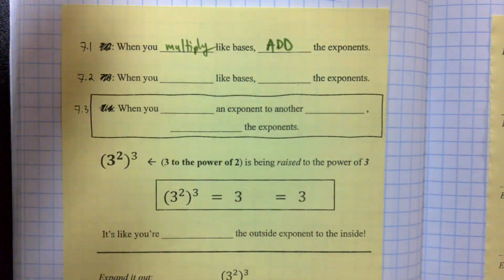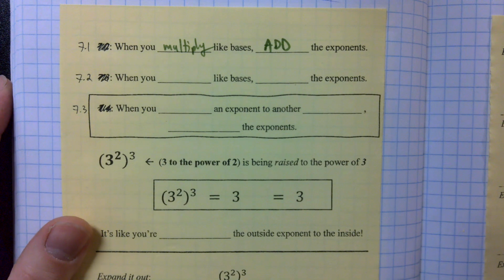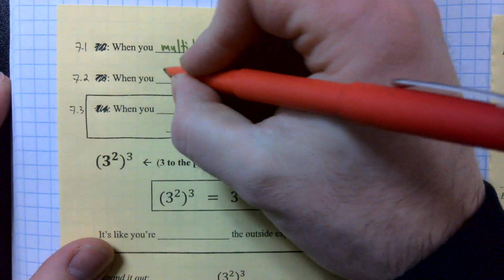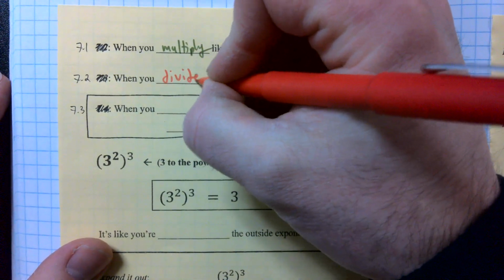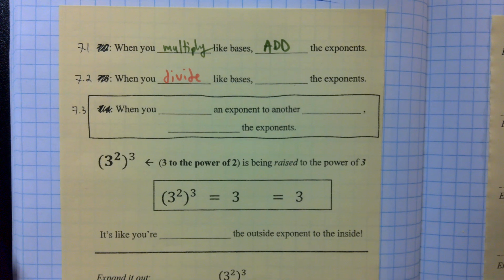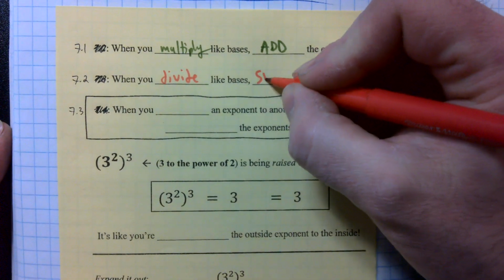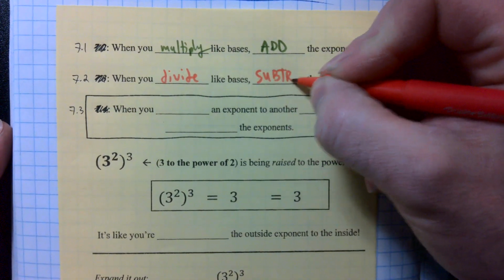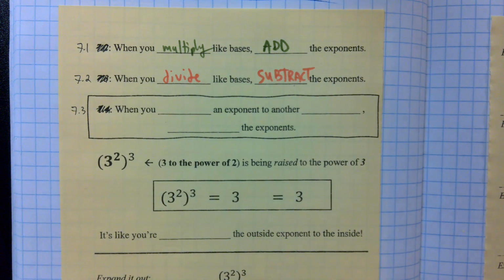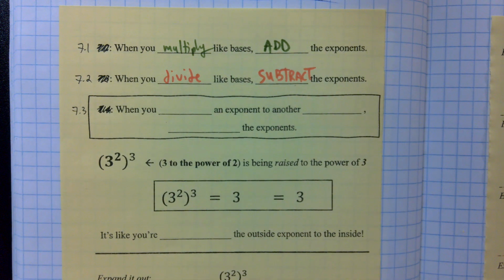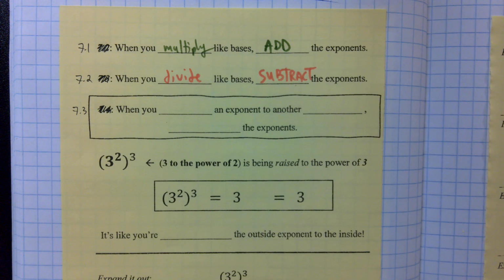Yeah. Perfect. So in the next lesson, 7.2, this is what we talked about yesterday. We talked about dividing like bases, and we learned that when we divide like bases, now what do we do with the exponents? We subtract. Okay. So what we're talking about today is called the power rule. Everybody say power rule.